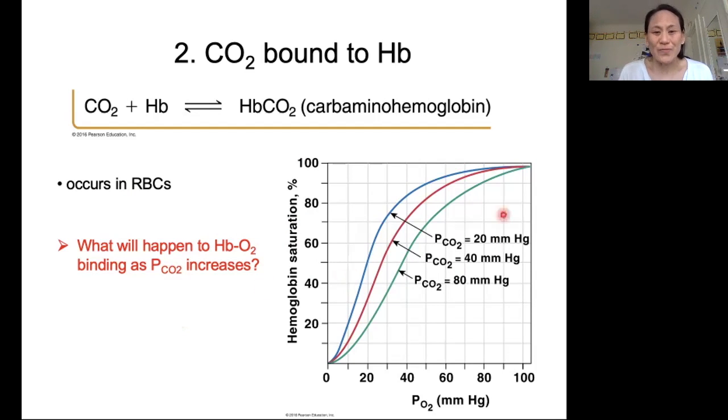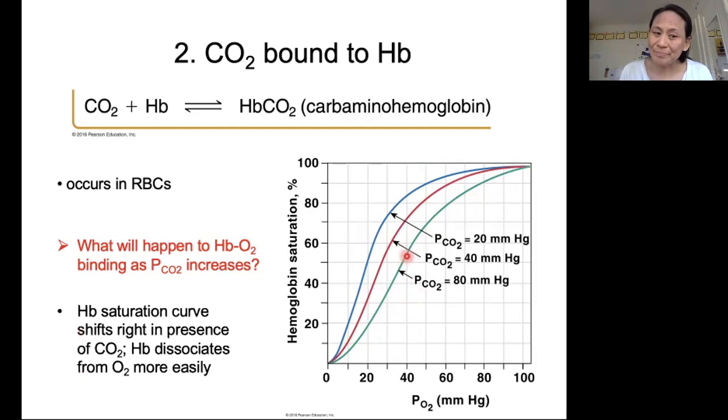Hopefully it's not too difficult to figure out from this slide that as we increase carbon dioxide concentration or partial pressure, we're going to look at this green curve right here. The curve for hemoglobin oxygen saturation gets shifted to the right.